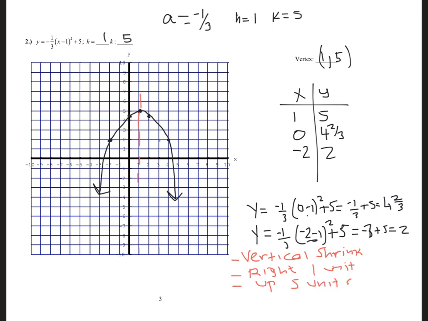And what other transformation do you see? So we see a reflection over the x-axis. Reflection over the x-axis. So that's how you graph in vertex form.